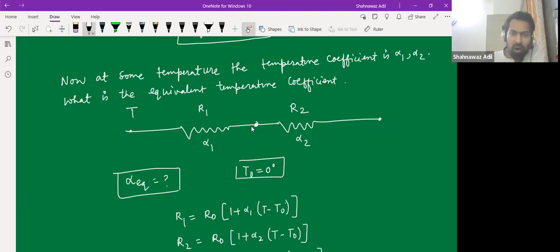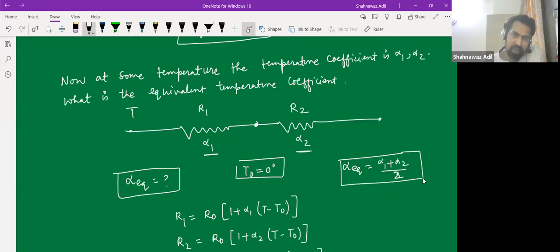This wire has this temperature coefficient, and this wire has a different temperature coefficient. When you connect them in series, the overall coefficient would be alpha 1 plus alpha 2 by 2. Is this part clear?